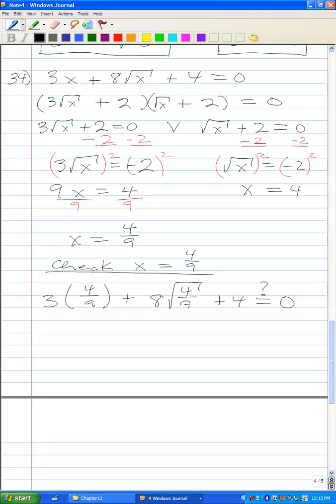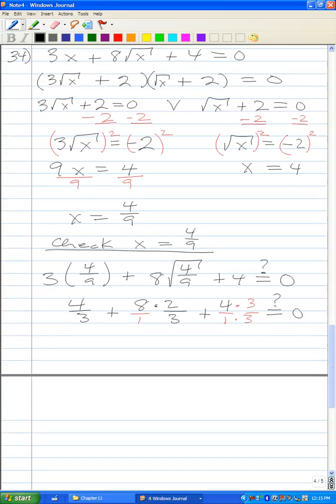The 3's cancel, so you get 4/3. The square root of 4 is 2. The square root of 9 is 3. Plus 4, is that equal to 0? Well, let's write those over 3 to get a common denominator.